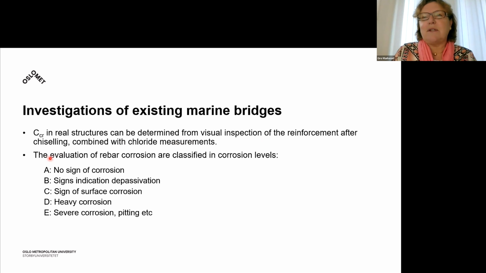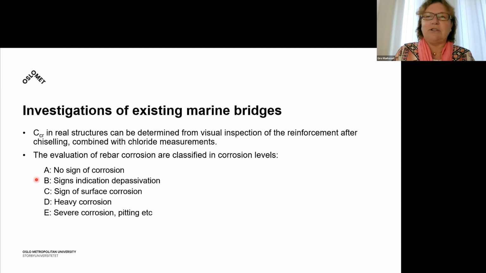And then they use an evaluation, which is typical when you have identified some corrosion problems in the reinforcement. You have a visual inspection of the reinforcement and use a known sign of corrosion called A. It could be corrosion level B, signs indicating deposition, or level C, signs of surface corrosion, level D, heavy corrosion, and E, severe corrosion and pitting.